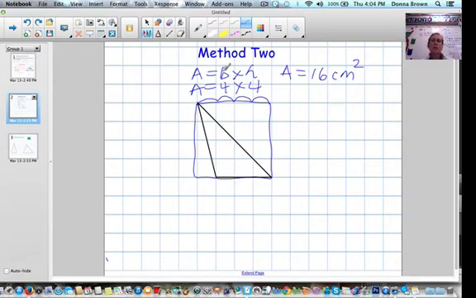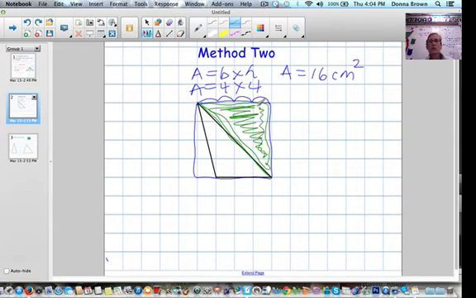And now what we're going to do is figure out, let's just take a look at this line right here. It completely splits the square in half, okay? And so we have 2 right triangles, one on either side. So remember, we're not figuring this triangle out yet. We're just figuring out everything around it. So let's start with this. We can figure out what's in here.